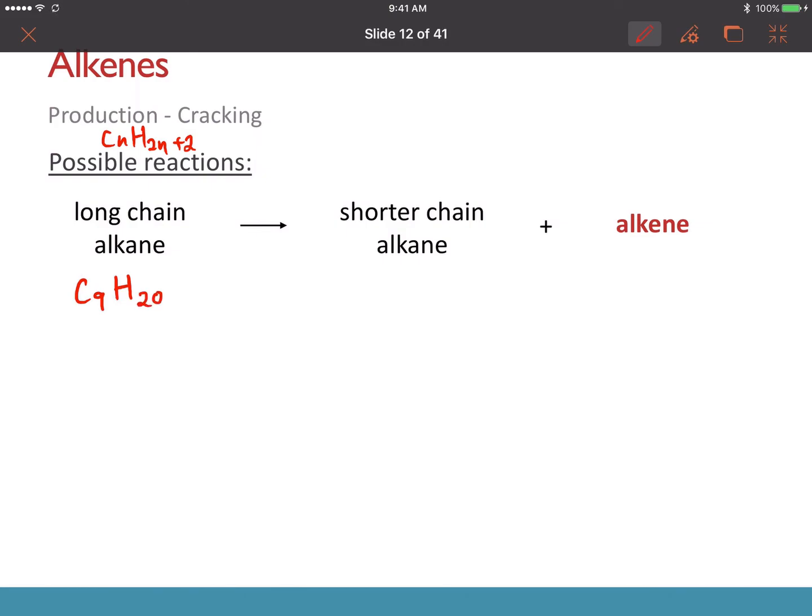Now it is possible for it to break into 2, such as let's say C4H10 plus C5H10. Remember that the general formula for alkene is CnH2n. Now, you should see that the number of carbon should add up. Okay, 4 plus 5 equals 9. And the hydrogen should also add up.